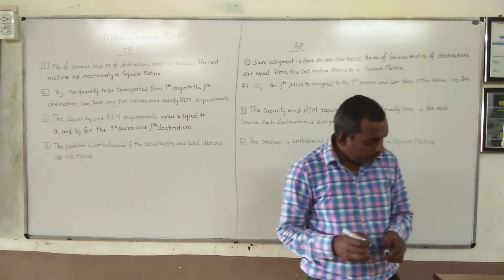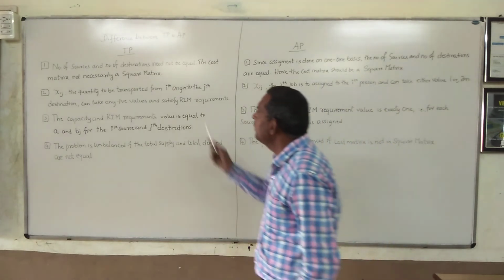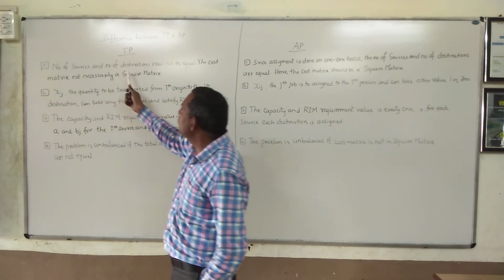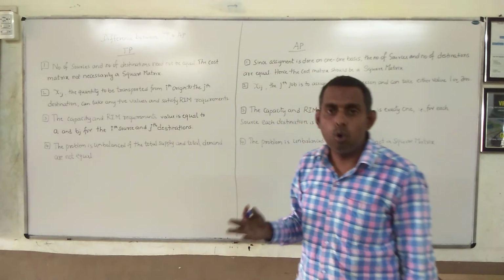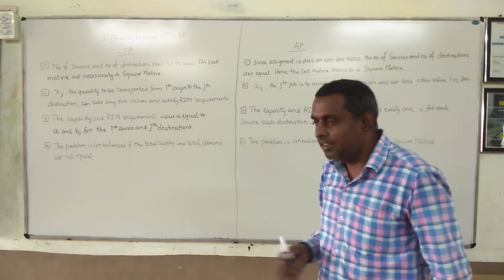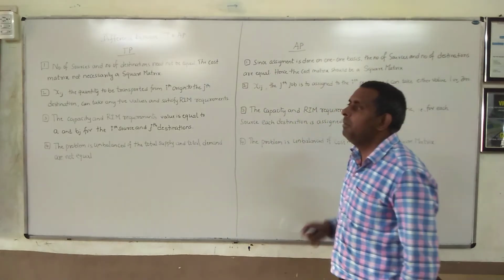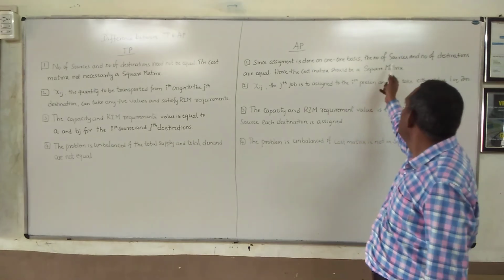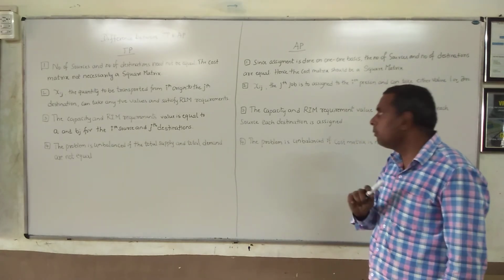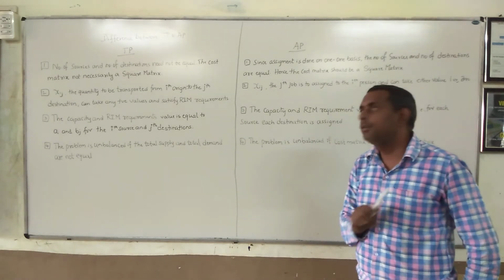So let me repeat these once again here. So the first one is for the TP, number of the sources and the number of destinations need not to be equal. Fine. So it is not necessarily a square matrix. Whereas here the assignment is done on 1-to-1 basis in assignment problem. So the number of sources should be equal to the number of destinations because the cost matrix is a square matrix.